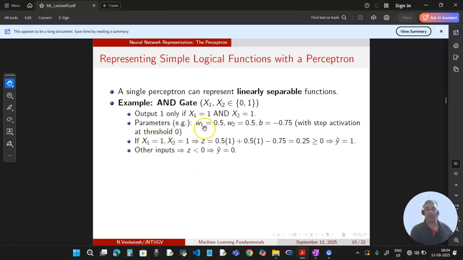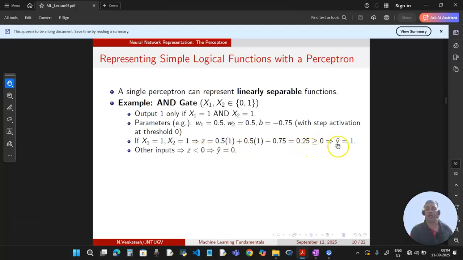If I choose W1 as 0.5, W2 as 0.5 and B as minus 0.75, and if you substitute x1 equal to 1 and x2 equal to 1, we get the weighted sum 0.5 into 1, plus 0.5 into 1, minus 0.75. We are going to get a value which is greater than or equal to 0.